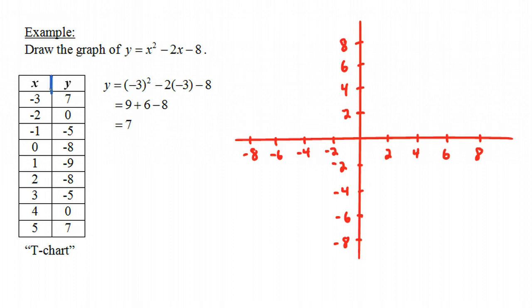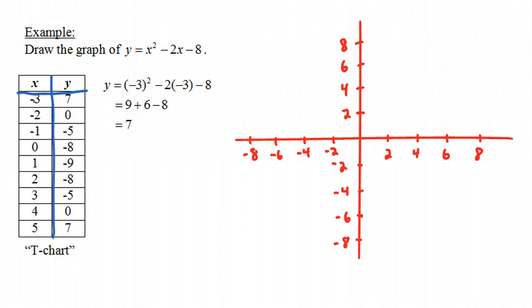It's called a t because you see basically a t right here. What you do with the t-chart is you pick different values for x and figure out what y would be for those values.